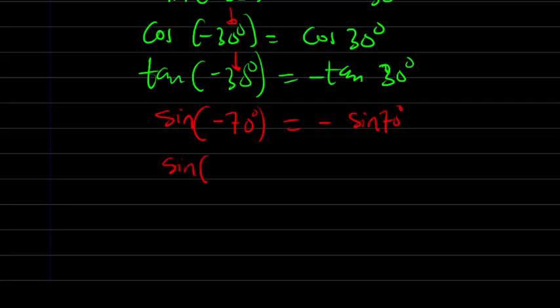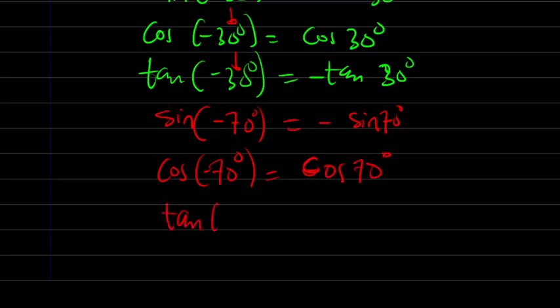If you have cos minus 70 degrees, we are still going to have cos 70 degrees, because that is positive cos. You can check the previous video where I explained that. Tan minus 70 degrees as well will be minus tan 70 degrees.